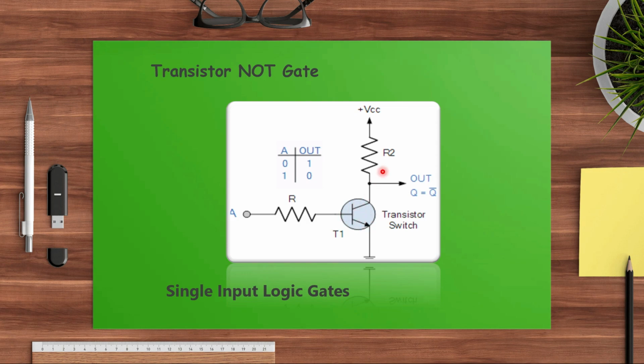When this one is off, we are getting path of VCC to output, as we have discussed earlier, because path towards ground will be open. The transistor is off, so this path is not going towards the ground. And if input is 1, this one will be closed. So output will be 0, because VCC to ground there will be a closed path and the supply voltage will go to ground, not to the output.